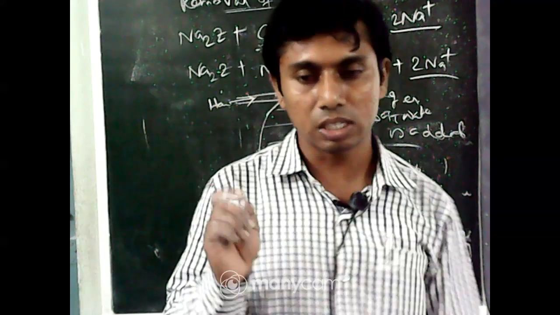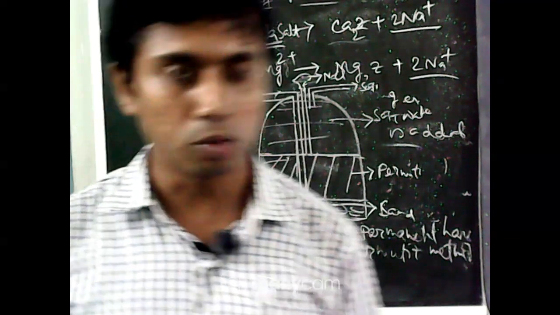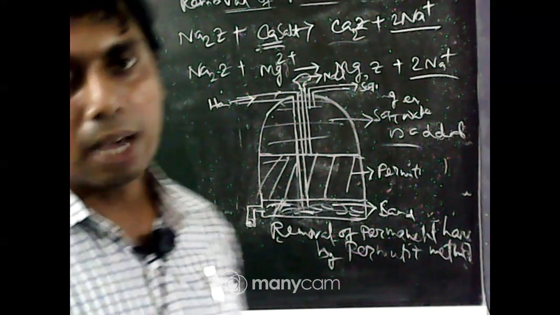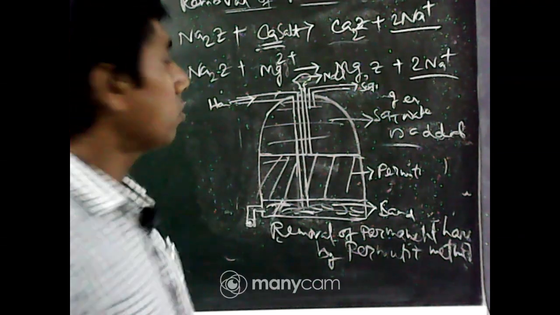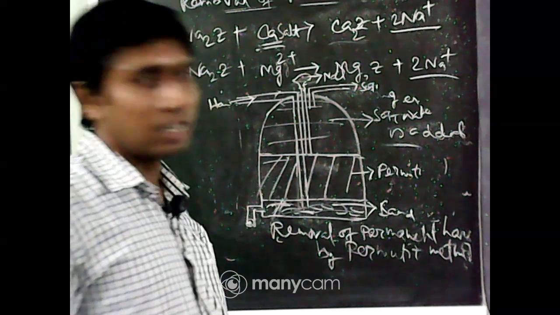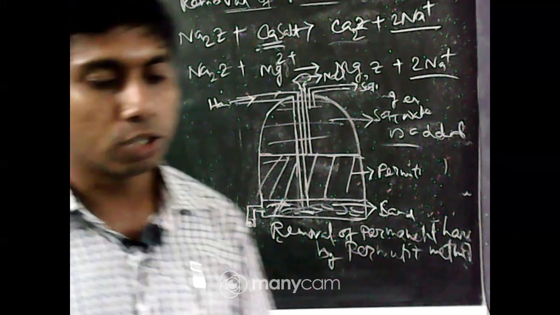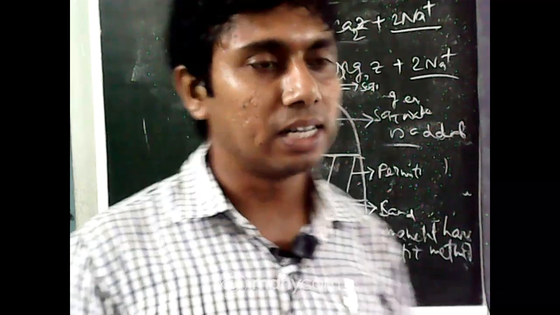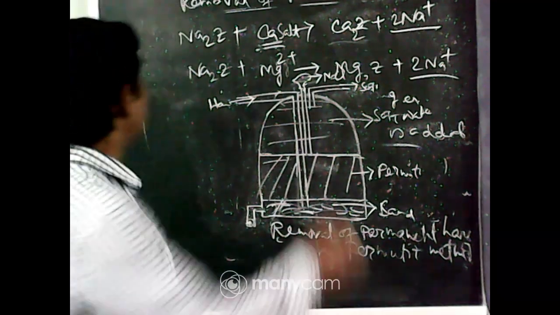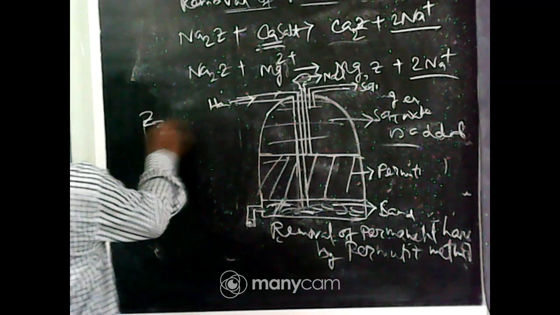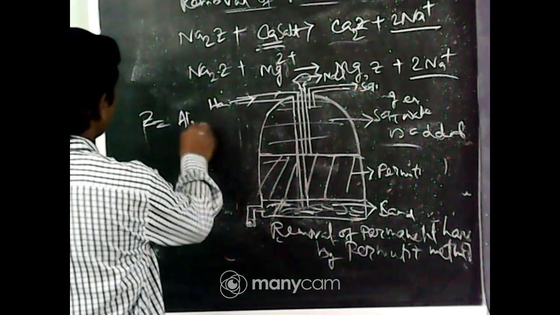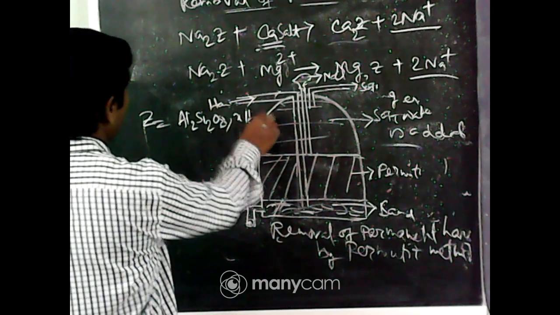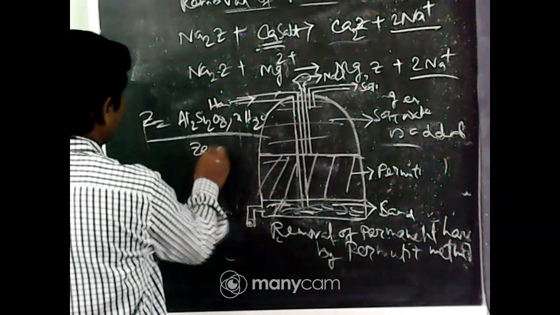Now, what is permutate? A 1 mark question is what is permutate, what is zeolite? Now, permutate is sodium aluminosilicate, and the formula is given, that is Na2Al2Si2O8 xH2O, and it is generally represented as Na2Z, where Z is Al2Si2O8 xH2O, it is zeolite.